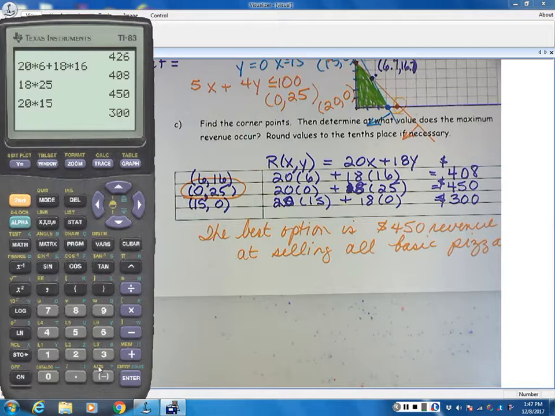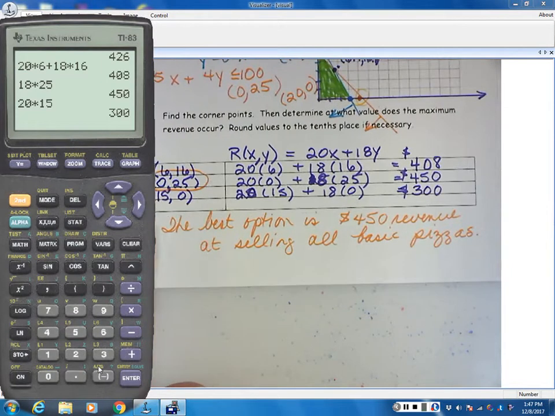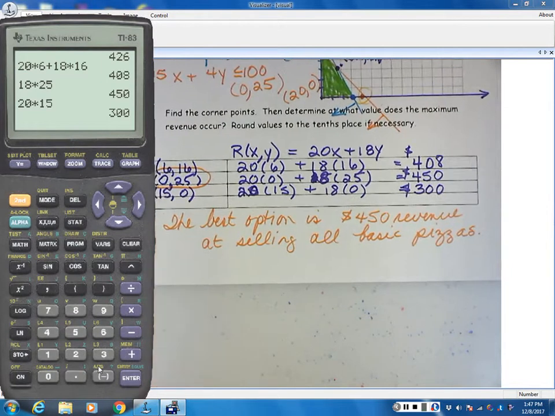Now the tricky thing here would have been if you hadn't realized that you couldn't round those up. But you still make less revenue even if you do. Even if you did round them up, you make less revenue.